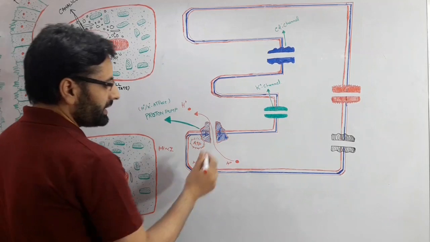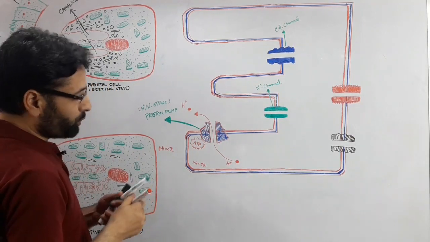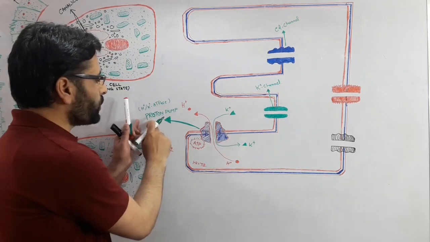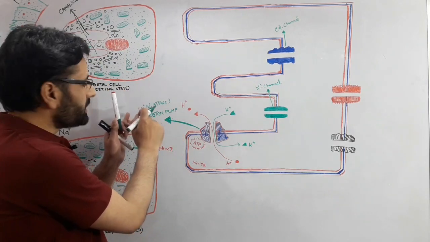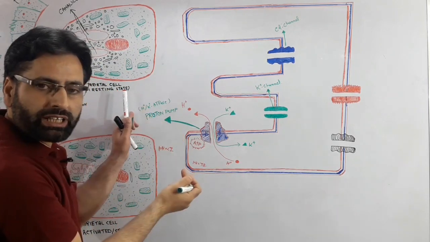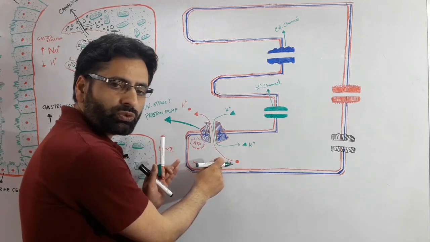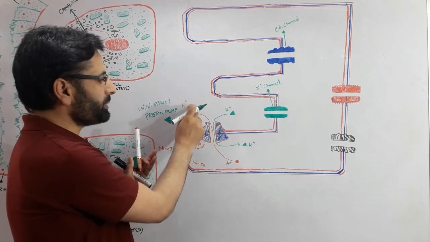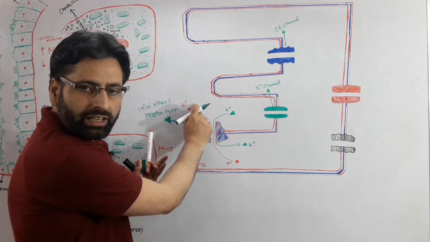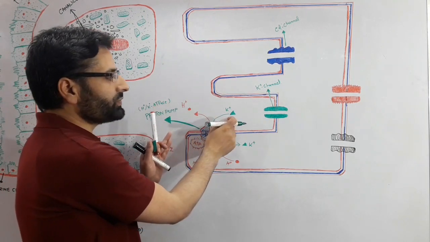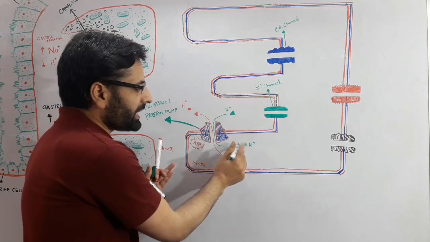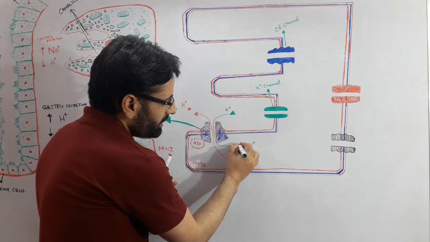And simultaneously we have the movement of potassium ion in the opposite direction. This proton pump, or hydrogen potassium ATPase, transfers one proton from the cytoplasmic side towards the luminal side, and at the same time it transfers a potassium ion from the luminal side towards the cytoplasmic side of this cell.